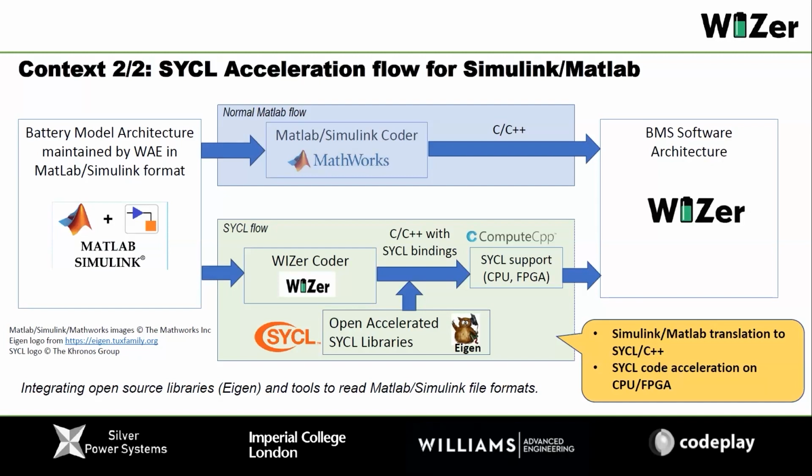We have our own little coder which translates the Simulink and Matlab model into C++ that uses an API that calls into SYCL. By targeting SYCL, it enabled us to target the CPU and the FPGA on the platform. For the math computation, we use the Eigen library.